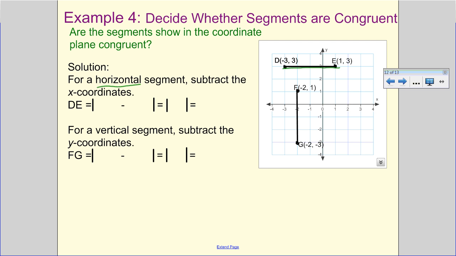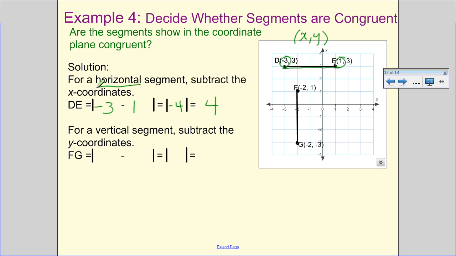Remember, all of our ordered pairs are x comma y. So we're going to take negative 3 minus 1. Negative 3 minus 1 is negative 4, but I'm taking the absolute value of that. So the segment length of DE is positive 4.